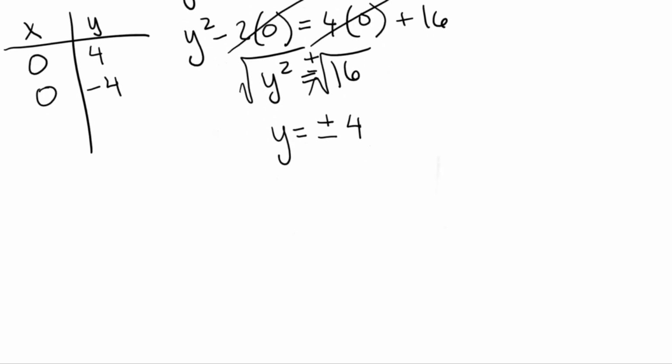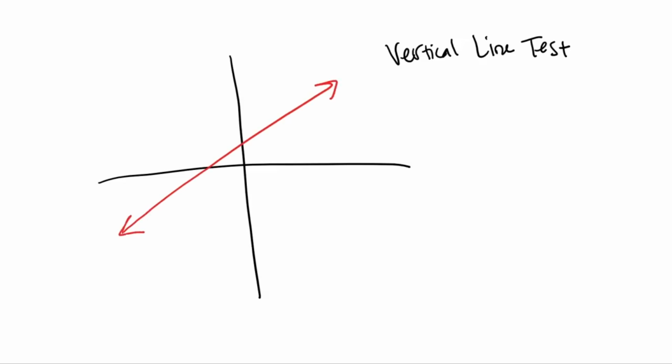Now let's talk about what a function looks like on a graph. When you have a graph, to tell if it's a function, we have something called the vertical line test. Let's start with a linear graph. So let's say I graph a line.